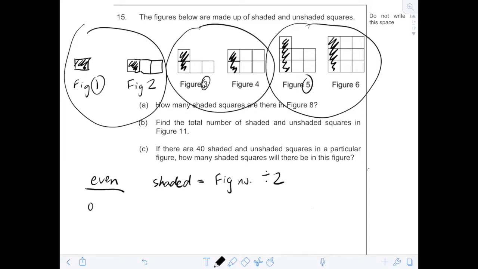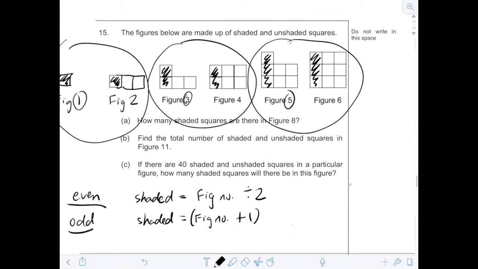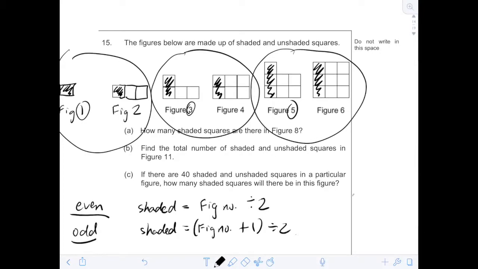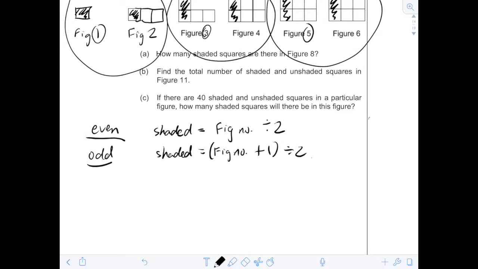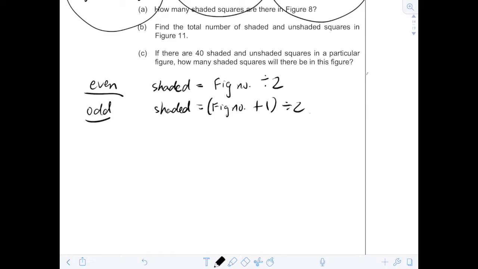Now what happens if it's odd? When it's odd, the shaded will be figure number plus 1, then you divide it by 2. So by using these two formulas, you can find part A very easily.